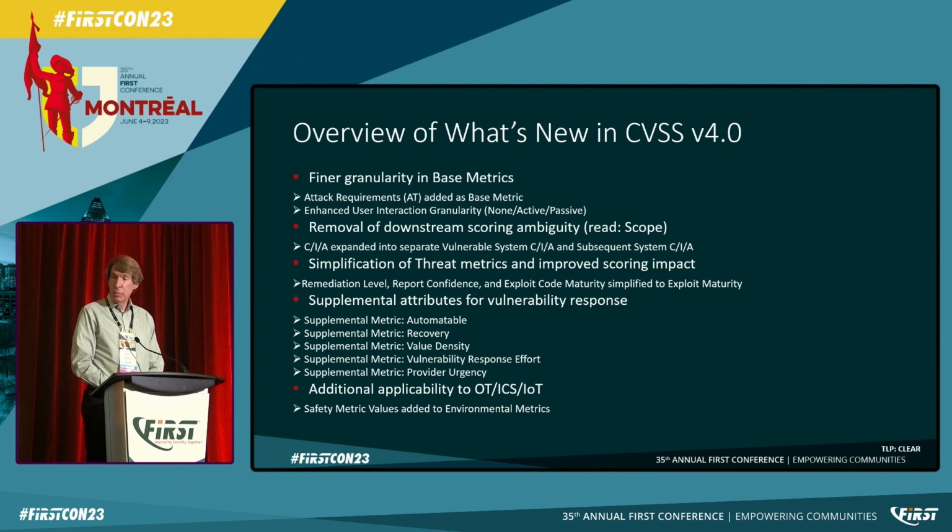So this gives you more of a color, no pun, of the urgency from the vendor's perspective, the provider's perspective, I'm sorry. And then, as you know, we live in an OT, ICS, IoT world, so we have specific attributes, metrics within the new standard that handle safety and OT.